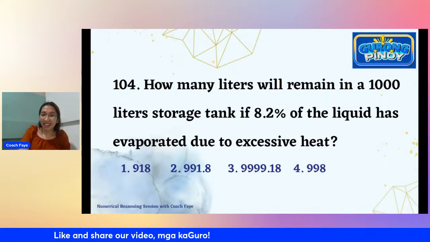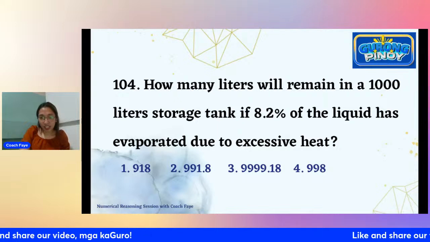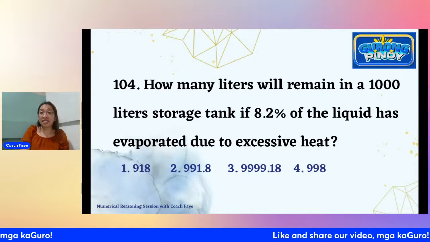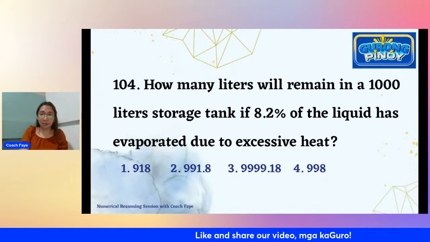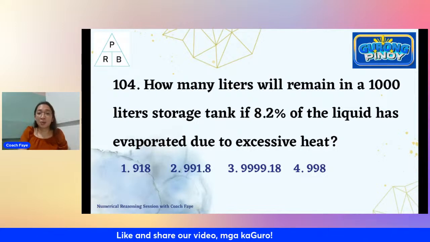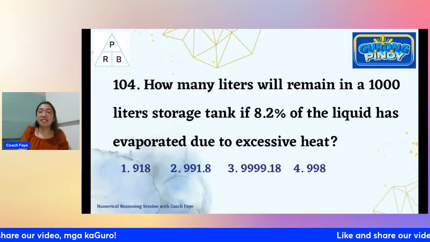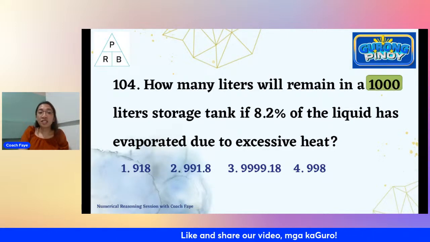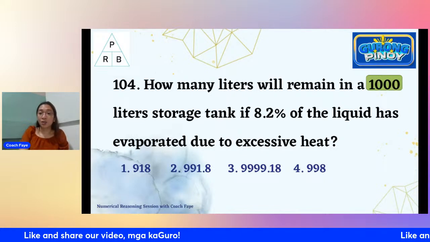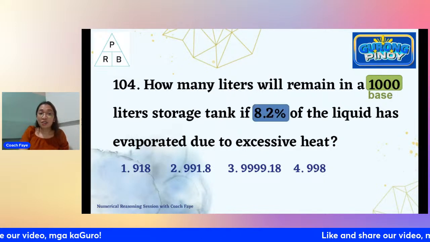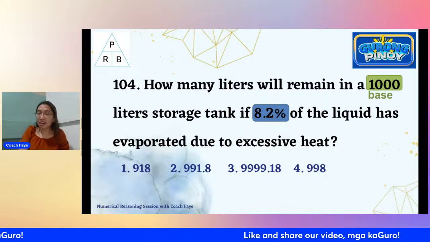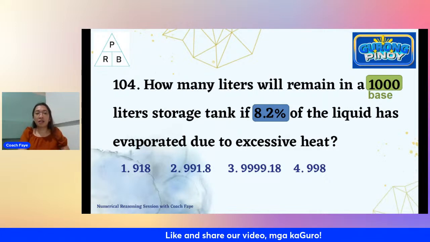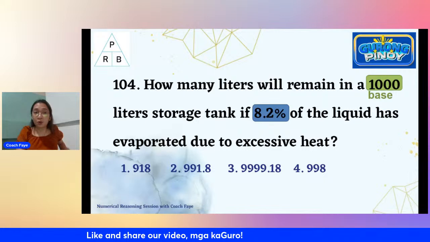Okay. I'm seeing some answers, and I think most of you are giving the same answer. So let's take a look at the item. Of course, this is once again a percentage, base, and rate item. You have a 1,000-liter storage tank. This seems to be your actual tank, so this has to be your base. I'll go a bit faster, since this item is super familiar already to most of you.